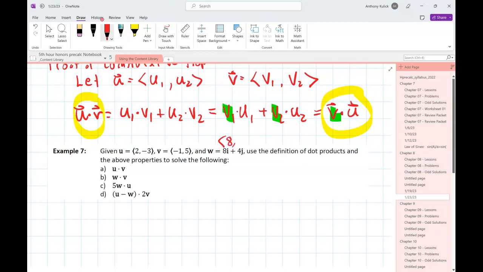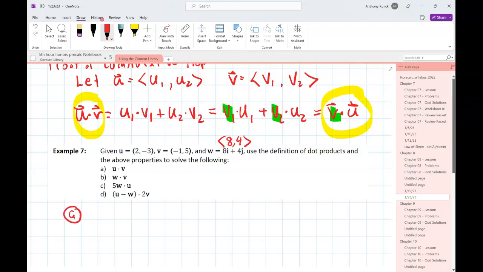Well, the coefficient on the i is just going to be my x component, and the coefficient on my j is just going to be the y component. So it's very easy to go back and forth between linear combination form and component form. Very simple, but you got to remember what they are and what it means, right? Which is not trivial because you got a bunch of stuff thrown at you last time.